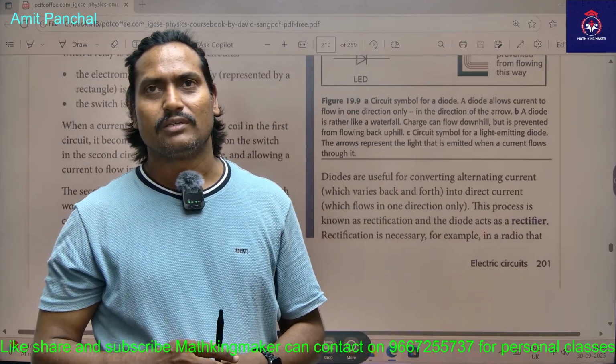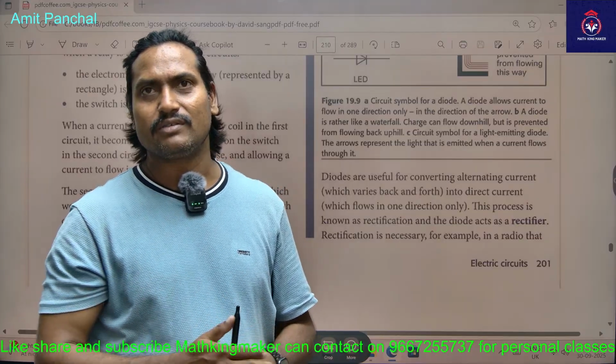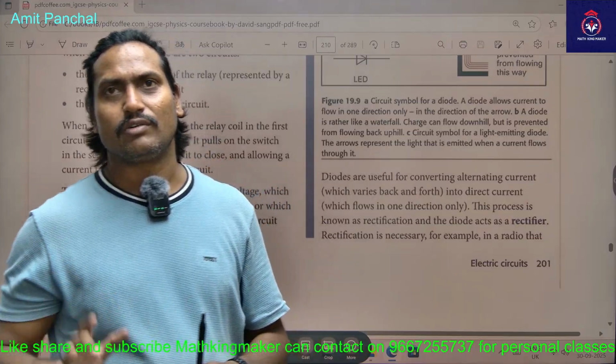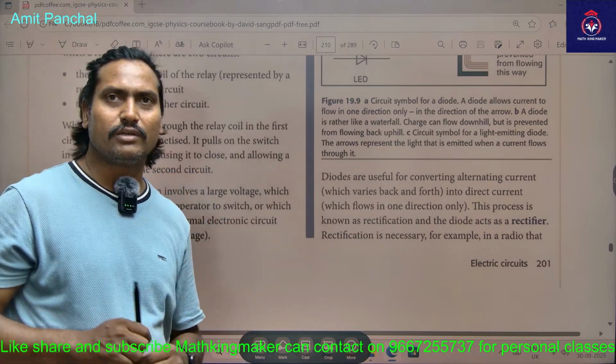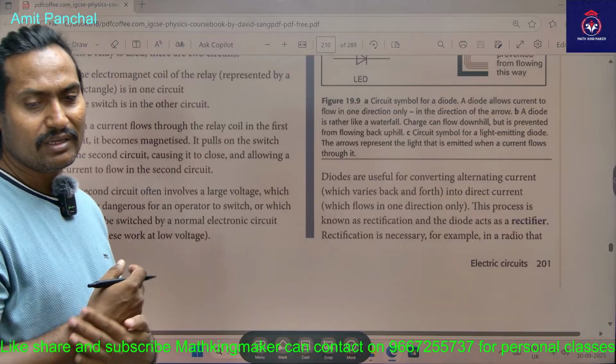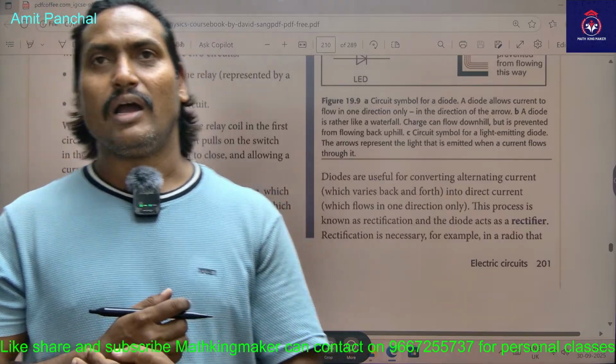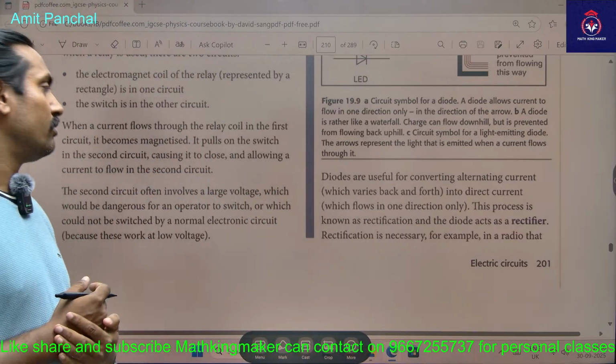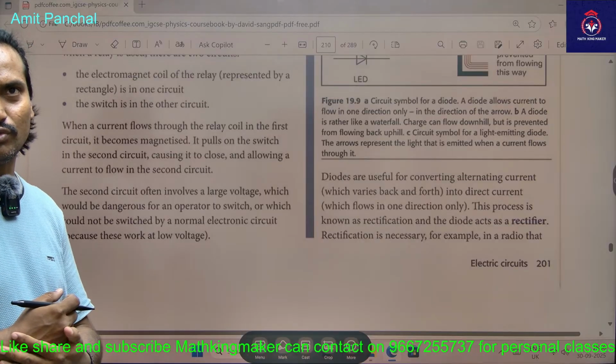Then it is a safe distance to operate that circuit. So that's why a relay is used. Whenever there is a high voltage circuit, a relay is used.